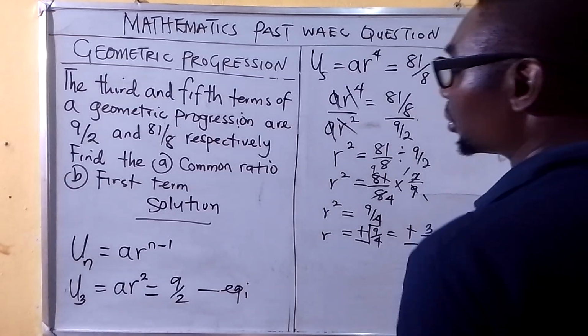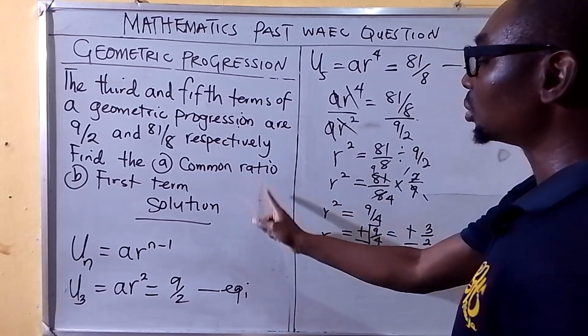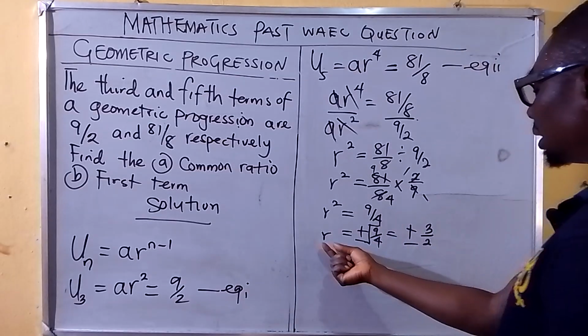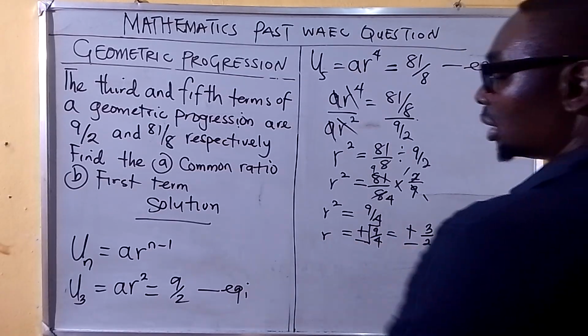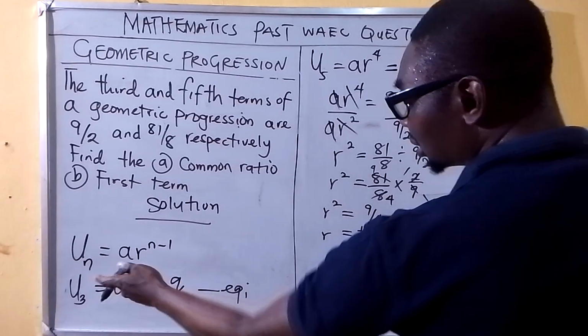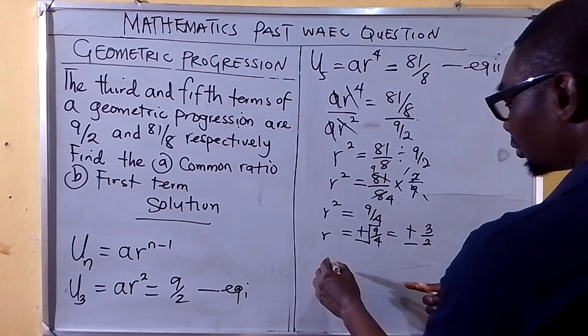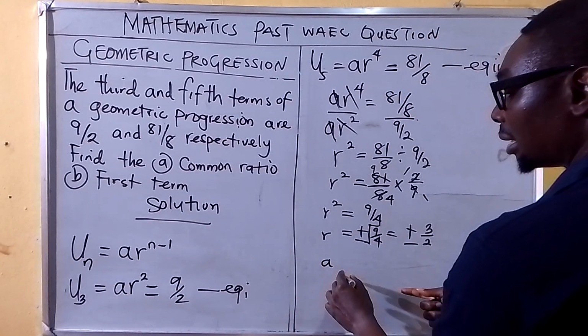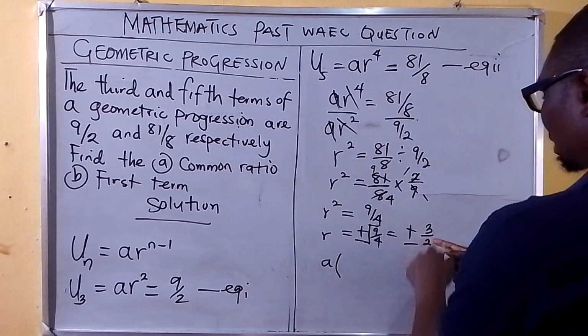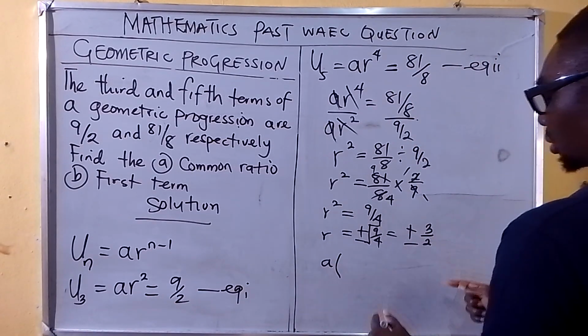We have gotten the common ratio. Now we are looking for the first term. To get the first term, we are going to substitute the value of R into equation 1. Either of the equations works, but we're using equation 1. So we now have A times R, and we are going to take care of the plus first.